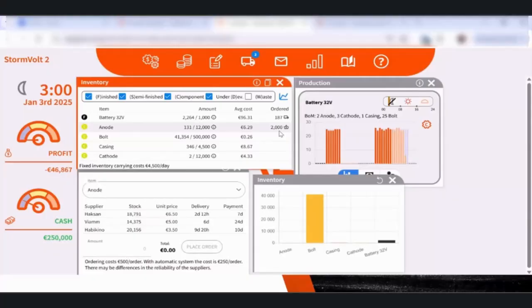Of course, now that I purchased these most expensive anodes, it hits hard the average purchase cost of this component, consequently affecting the cost of the end product, but we want to keep the production running. Then, keeping in mind the future need of anodes, but also the capacity of the inventory, we'll also order anodes from another supplier while we are at it.